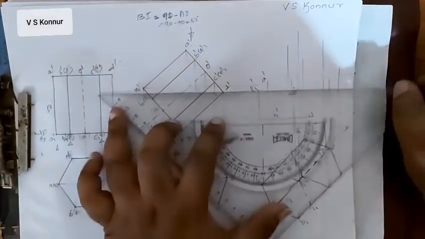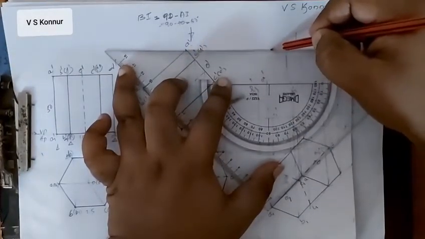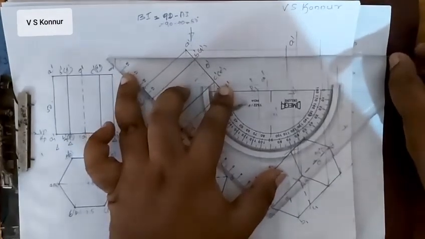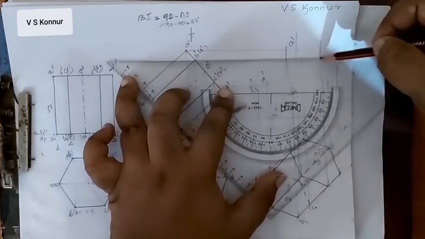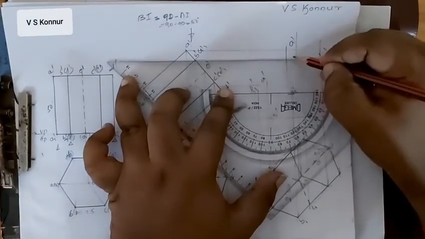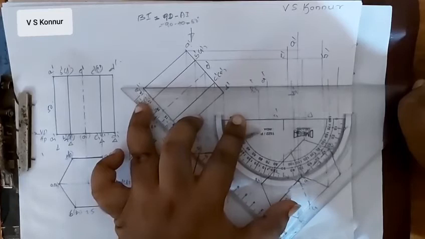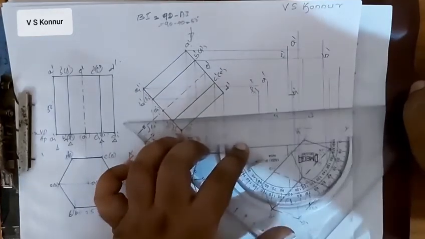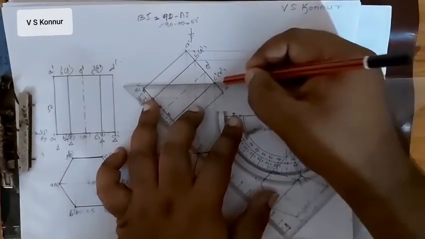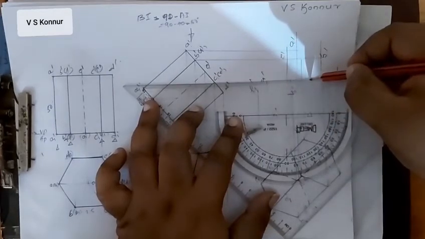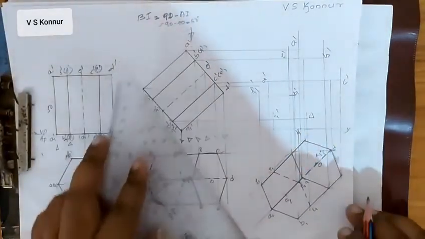Next, the same way, A point here, A dash, B dash, F dash, C dash, E dash.